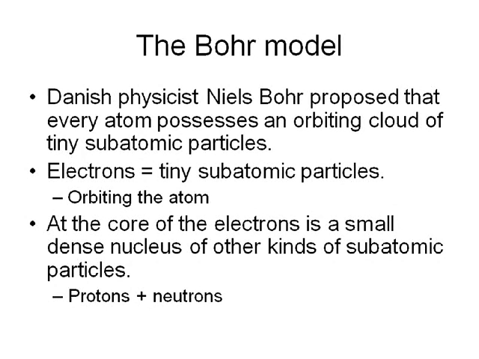Okay? So we think that electrons are orbiting around the outside of an atom and that they're very, very small. At the core of all the subatomic particles, the electrons, is a small, dense nucleus of other kinds of subatomic particles, protons and neutrons. So Niels Bohr supposes that any one atom is not just a little molecule.